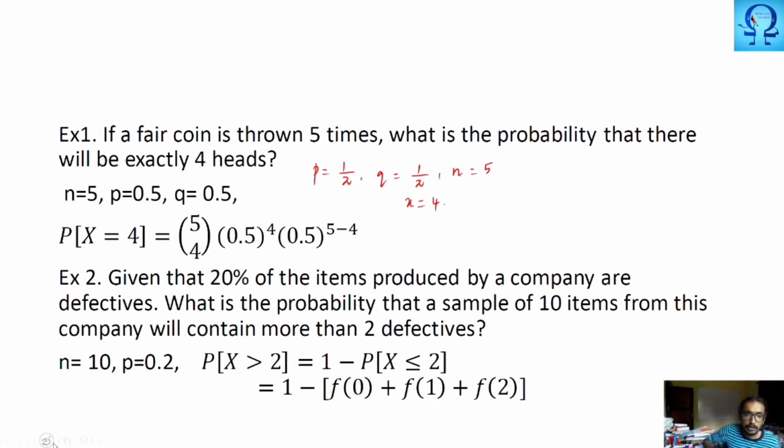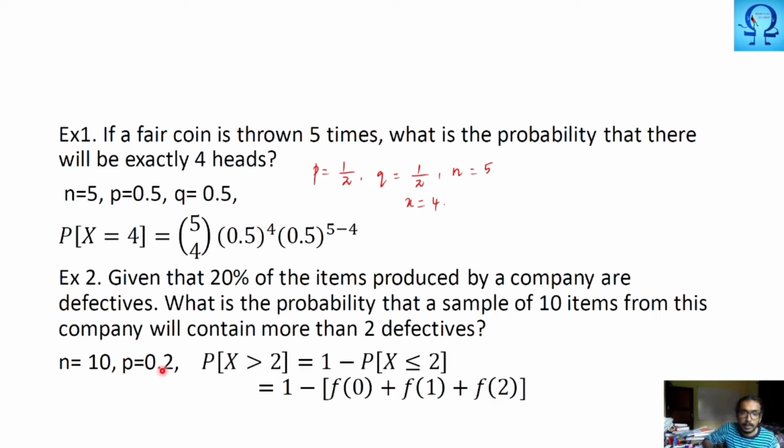Now coming to the second problem. Given that 20% of the items produced by some company are defective, what is the probability that a sample of 10 items from this company will contain more than 2 defectives? If we identify a defective product, let us consider that as a success.